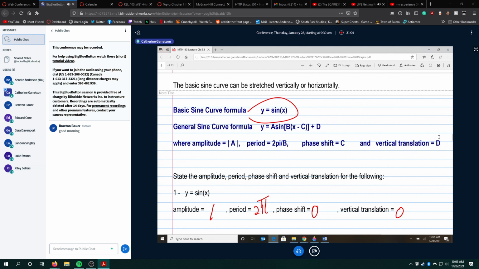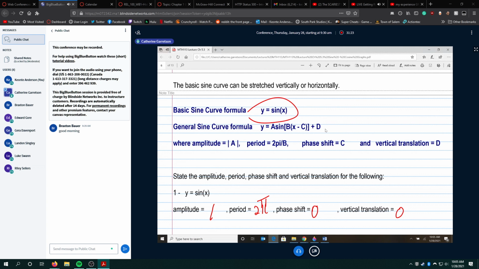Plus 2 means I'm going to shift it up 2 units. So it just slides it up 2 units. If it said, outside of the sine function, subtract 4, it's going to take your basic sine curve and then slide it down 4 units.